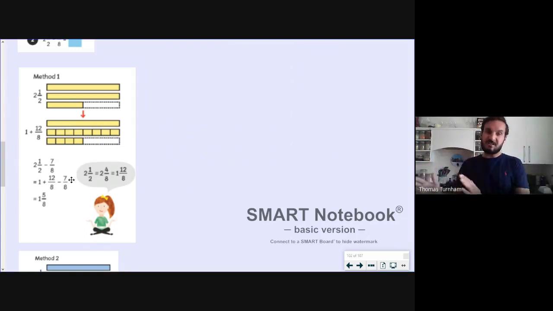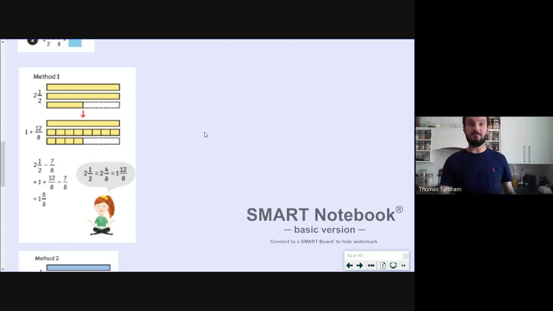So I've just partitioned it out a little bit. And now I can do 12 8s take away 7 8s. Well, I know 12 take away 7 is 5. So that part is going to be 5 8s. And I've still got 1 there. So it's going to be 1 and 5 8s. So that's one method I could use.